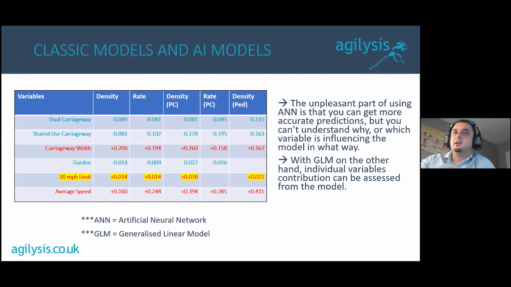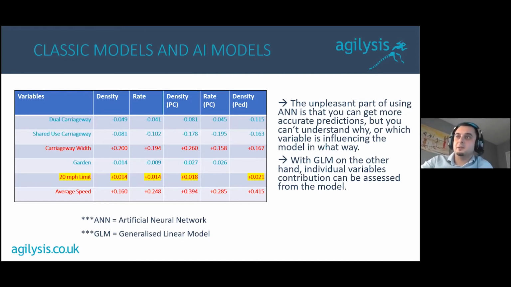You can see here that for average speed, when the average speed increases, the risk increases everywhere in all the calculated columns. But also, which for someone who works in the area is unlikely to be true, if you have 20 miles per hour limit roads, as opposed to 30 miles per hour or more, you will still have an increased risk, which can't be true, because we just found out that increasing the speed increases the risk.